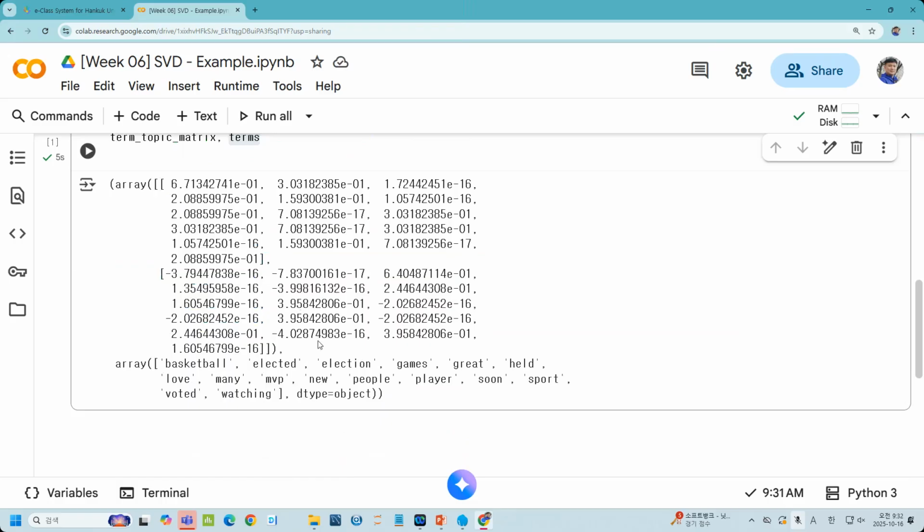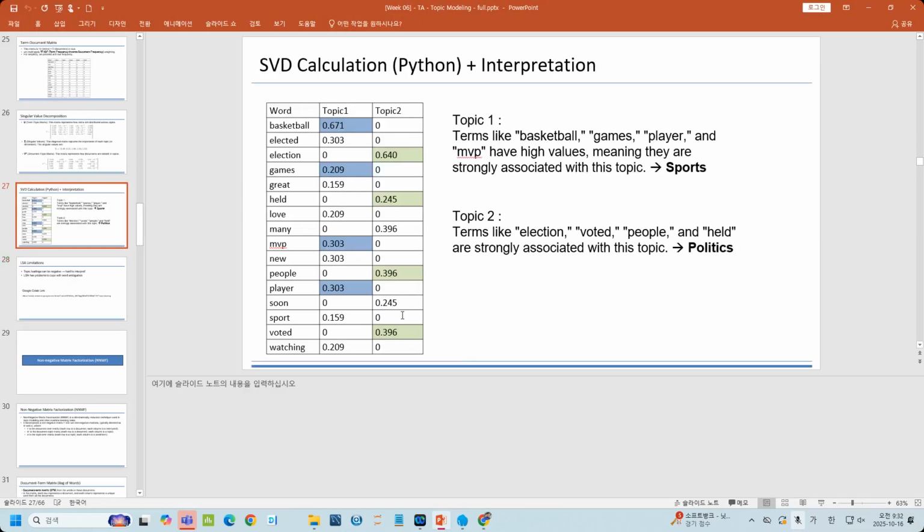Actually, we need to do some kind of iteration in order to get the SVD. And after we have the sigma, we can determine the importance of the topics. So this is the final state after we do the calculation.